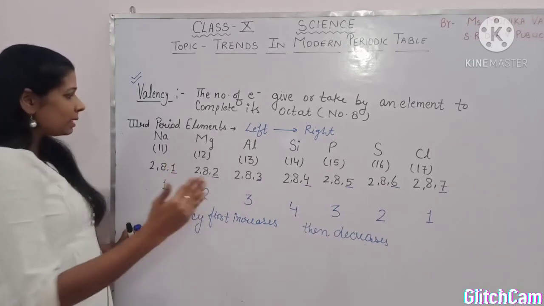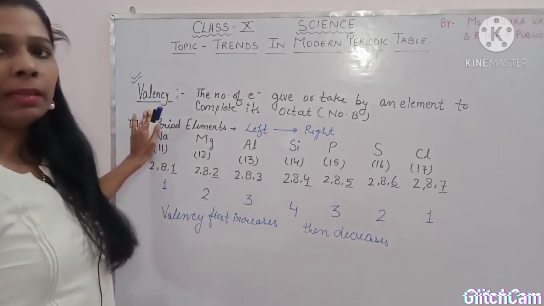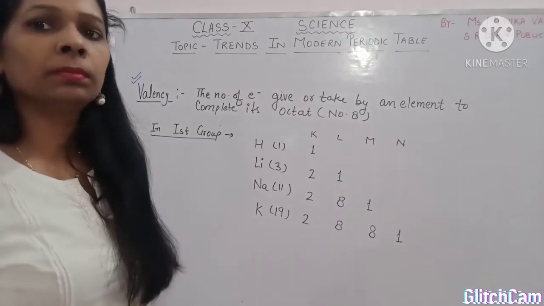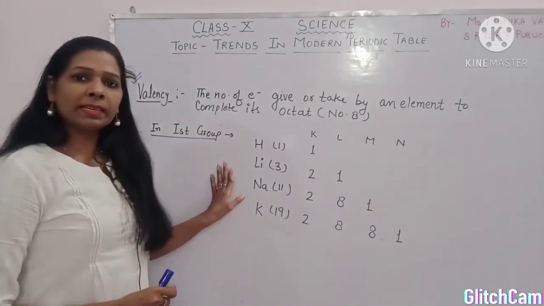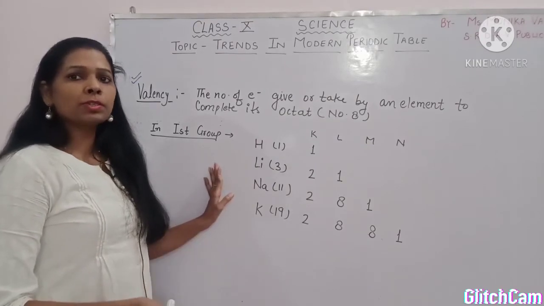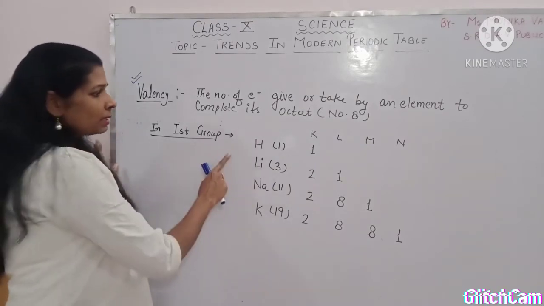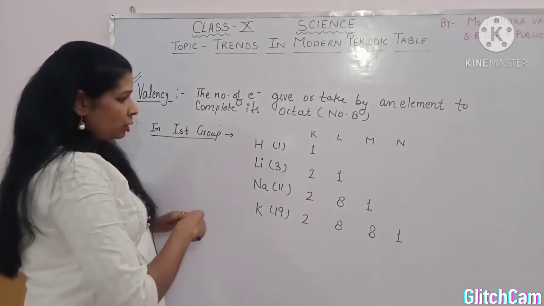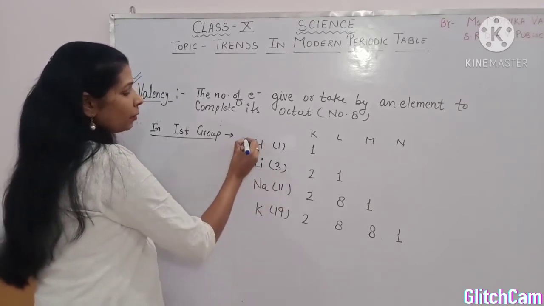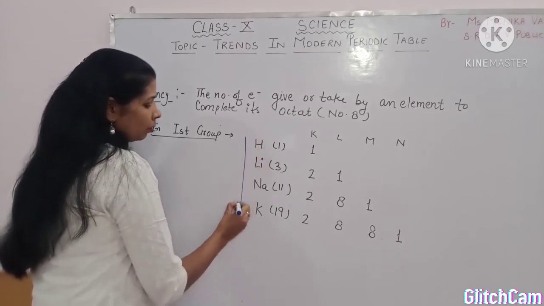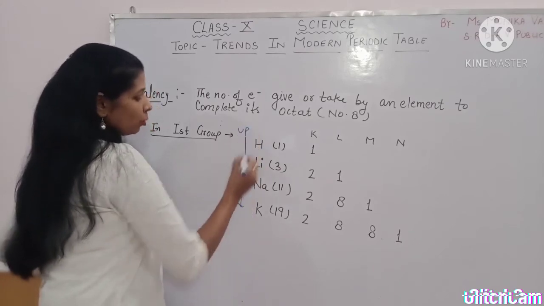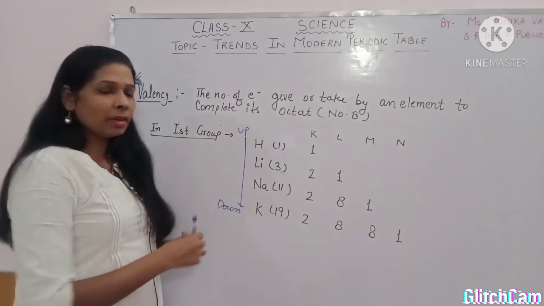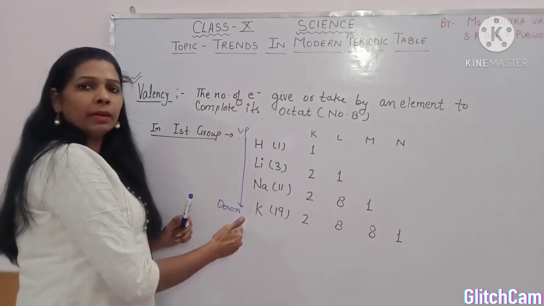I hope you understand the valency in the period. And now I will discuss the valency in a group. This is the example of the first group. First group means hydrogen, lithium, sodium and potassium. And what kind of trend is followed when we are moving from top to bottom in a group?